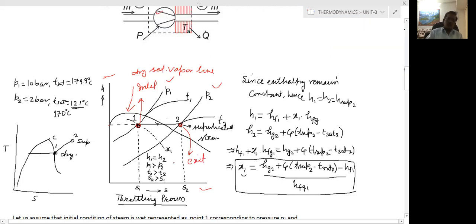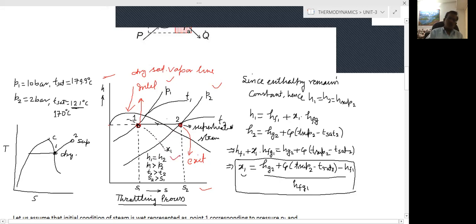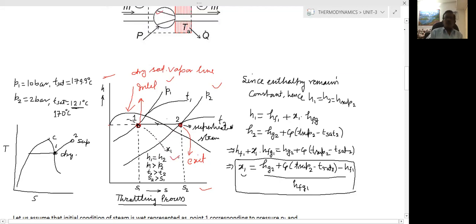So what changes occur between point 1 and 2? In this process, enthalpy remains constant. So enthalpy at point 1 and 2 will be the same. Here H1 will be equal to H2. When the fluid passes through the restricted passage, there will be a pressure drop, so P1 is greater than P2.